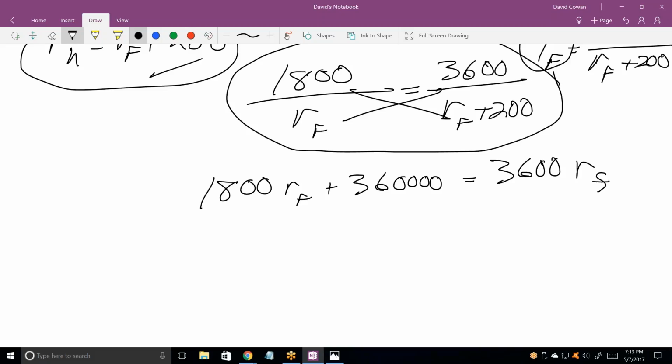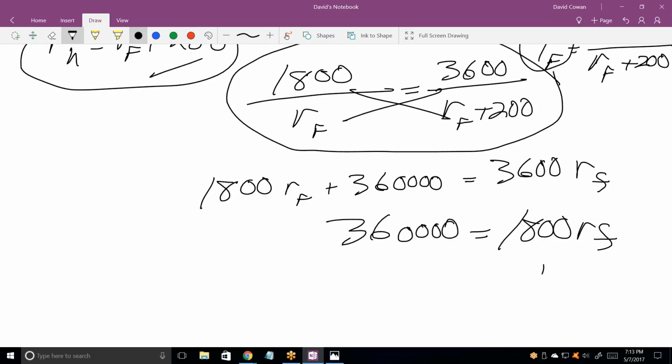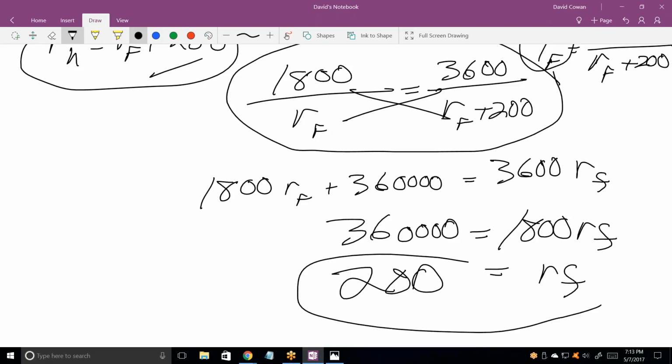I'm going to take the r sub f's to the right side of the equation and solve it. That is the speed of f.